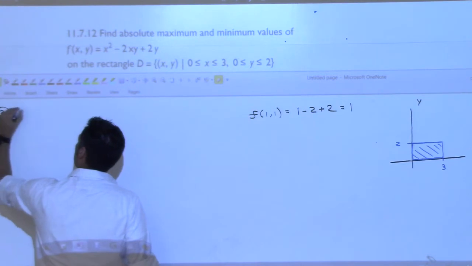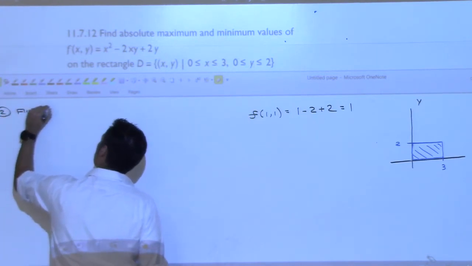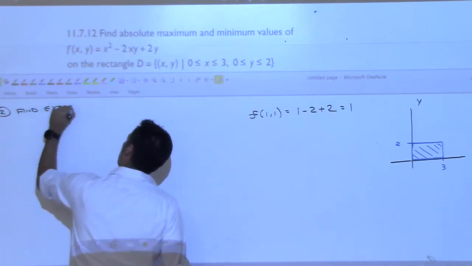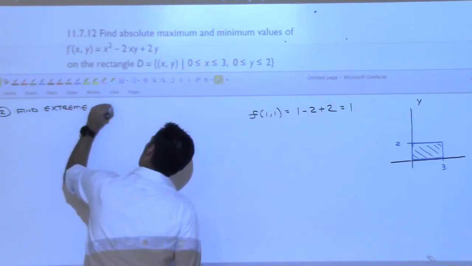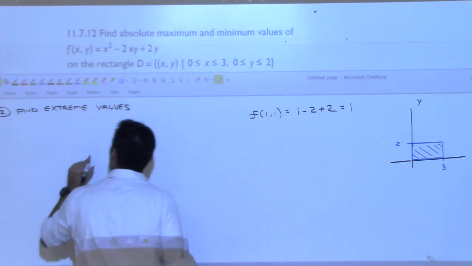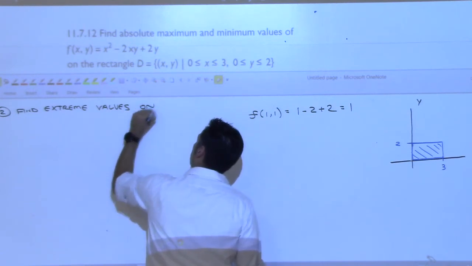Step 2, find extreme values on the boundary.